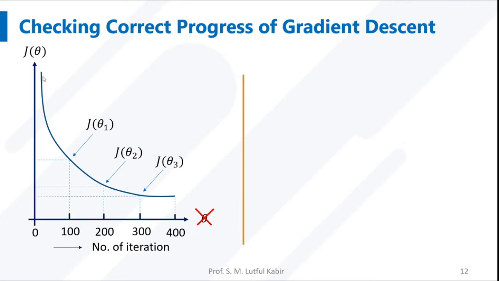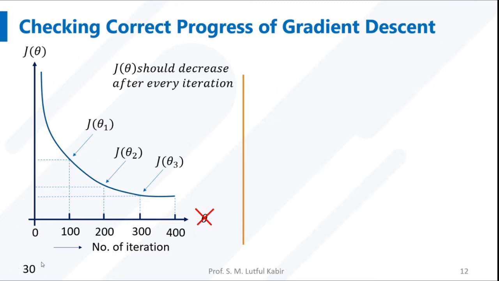If the curve is like this, then you can say that convergence is approaching because we expect that J(theta) should decrease after every iteration. The number of iterations required to converge may vary.